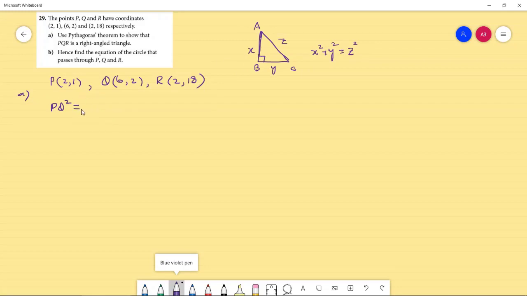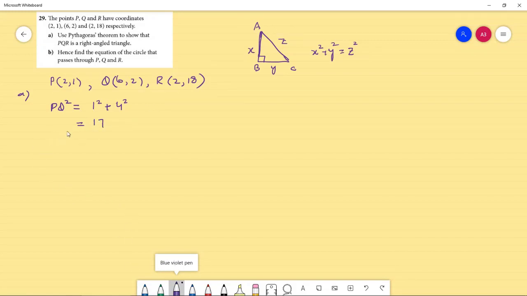So PQ² is equal to (2 - 1)² plus (6 - 2)², which is 4 squared. So this will become 1 + 16, which is 17.